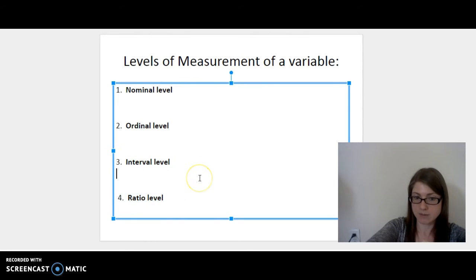So let's look at an example first, dealing with nominal or ordinal. I'm going to give us an example and we're going to decide which of the two it goes in. Let's say we are looking at the movie rating at the movie theater. So what do I mean by movie rating? Like R or G, PG-13, PG. Now I said those and you must say, she's saying them out of order.